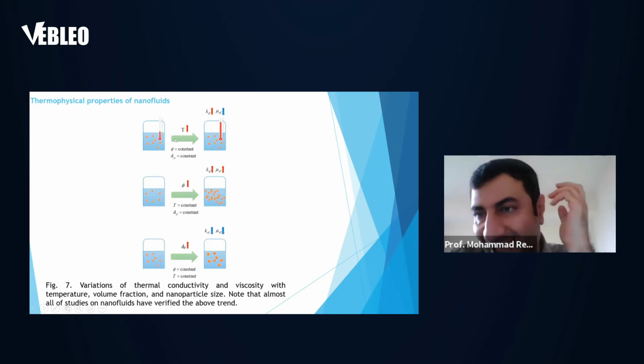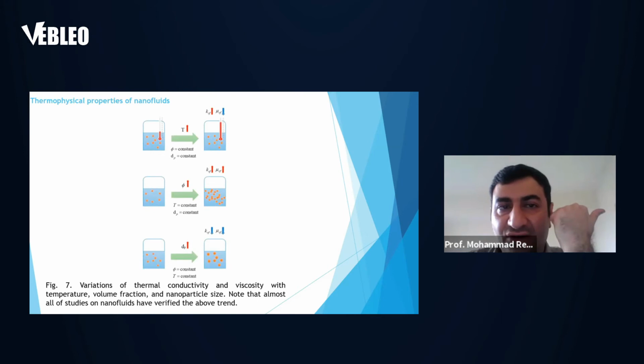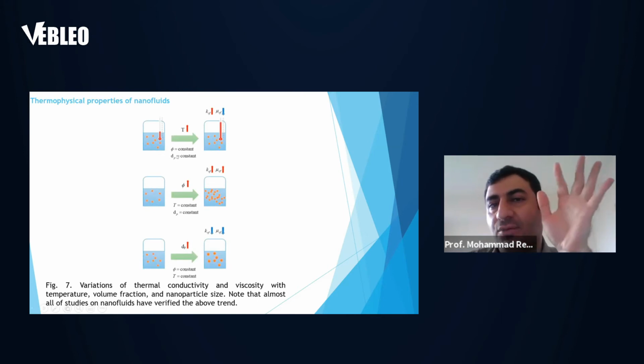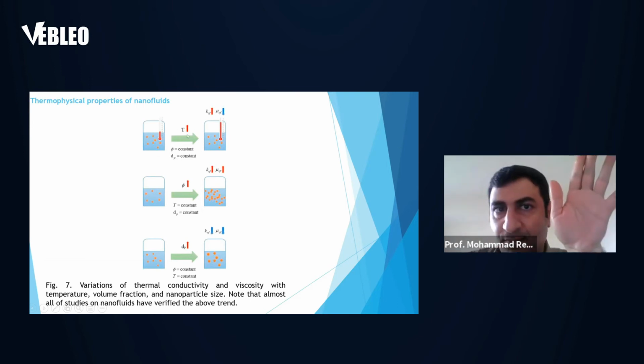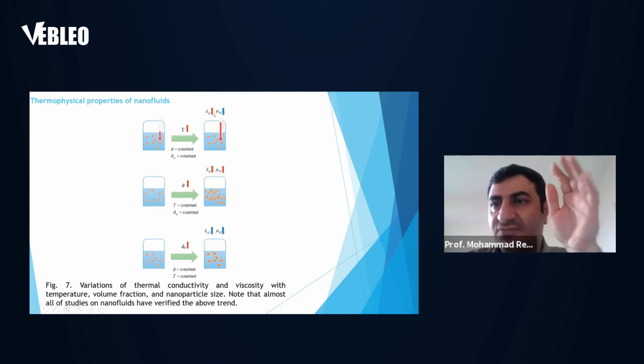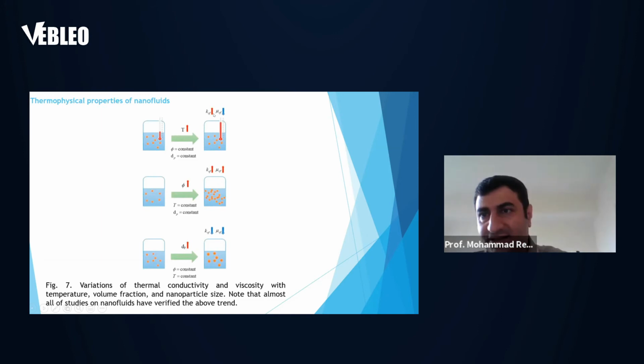But the experimental work of material scientists showed us, for example, if we have a nanofluid and we keep the size of the particle and the amount of the particle inside the fluid constant, by increasing the temperature, the viscosity of the nanofluid goes down, but the thermal conductivity goes up, okay?